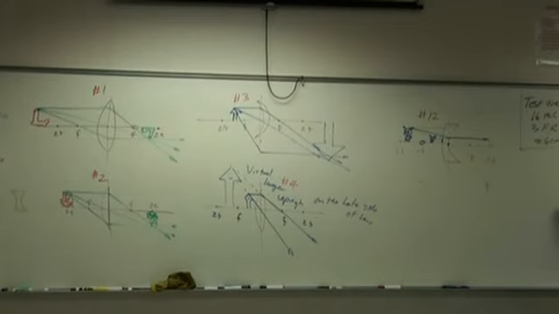Let me ask you this, because the question is whether the image is the same size. If you're looking at a mountain or a person, how big is the person and how big is the back of your eye? It has to be smaller. The person or the mountain is bigger than your eye.